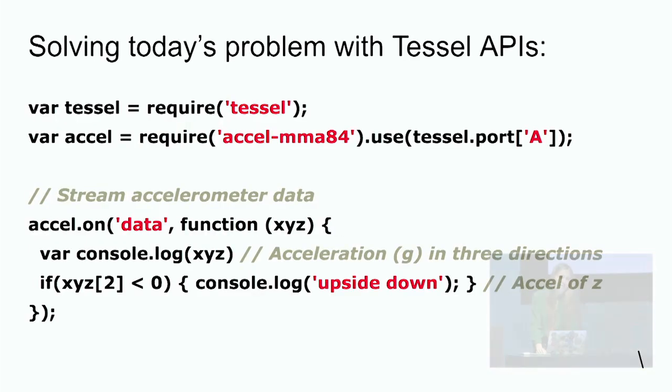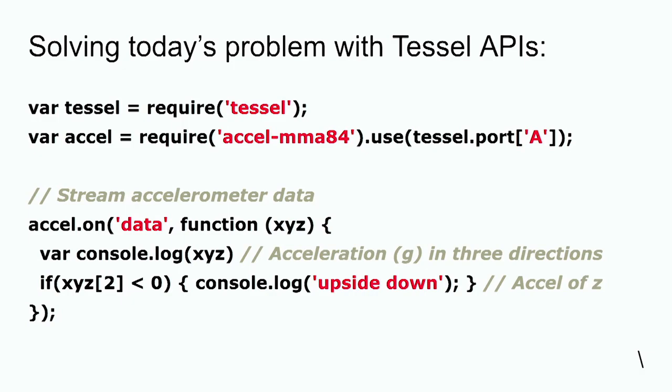So today's talk is not about Tessel. It includes a Tessel for the sake of convenience because I want to write my firmware in JavaScript. But this is what it looks like to solve my problem with Tessel. I've got 2 node requires. I say that I'm going to use this Tessel thing. I'm going to plug in this accelerometer module on port A. And when it gives me data, I'm going to print it out.